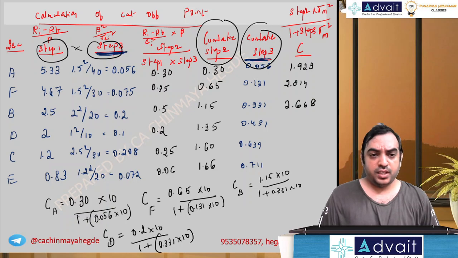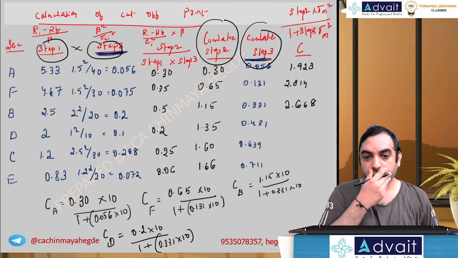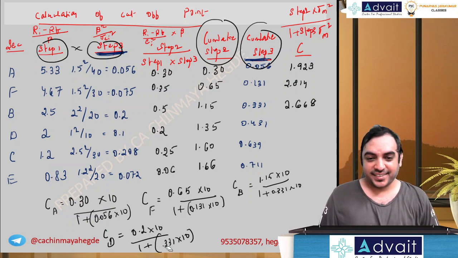Keep it in memory. 0.2 into 10 divided by MRC equals. Not 0.331, sorry, 0.431. 0.331 is already done.